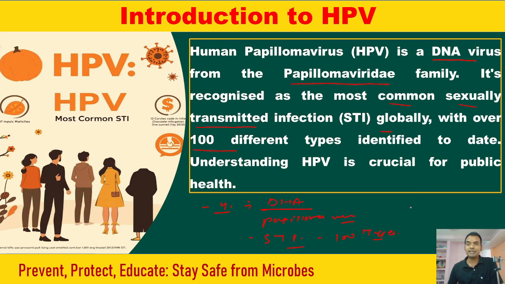And today we'll discuss 6 and 11, which produce warts, and 16 and 18, which produce cervical cancer. In a later slide, I'll discuss this in detail.